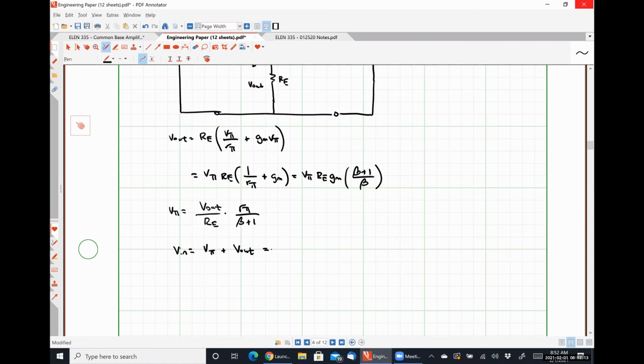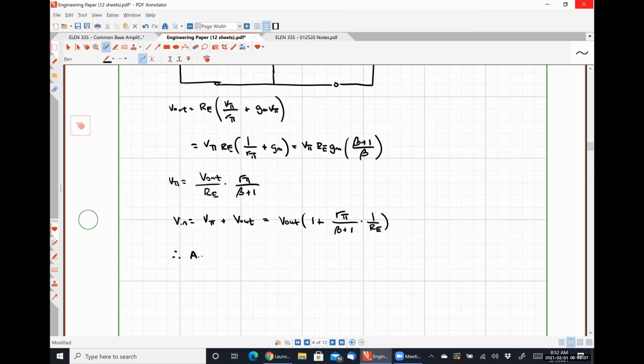If I substitute in my relationship for V pi, I get V out times 1 plus R pi over beta plus 1 times a factor of 1 over Re.